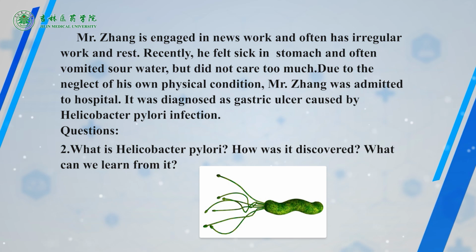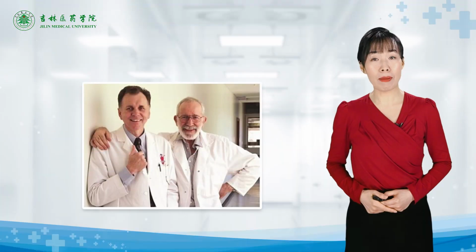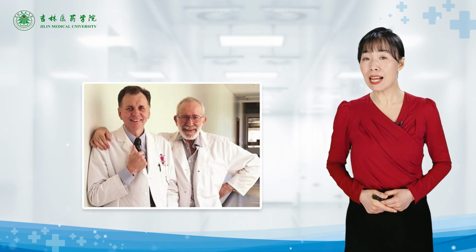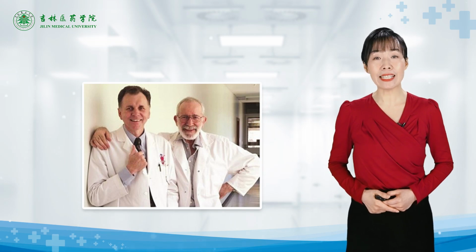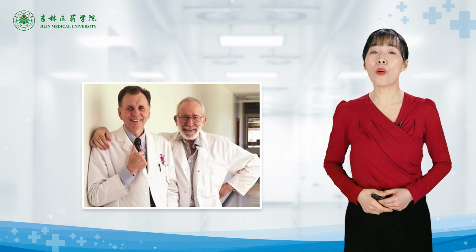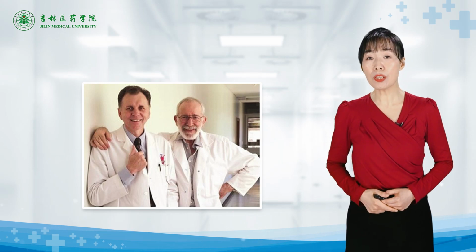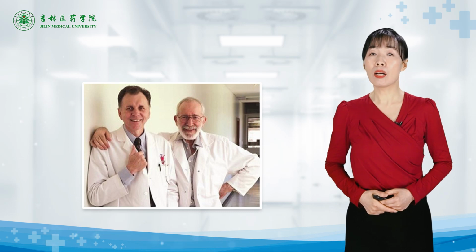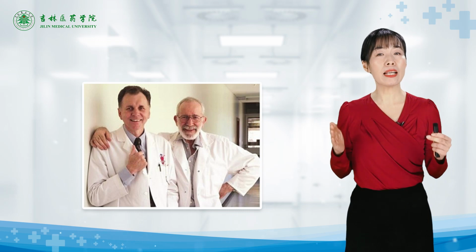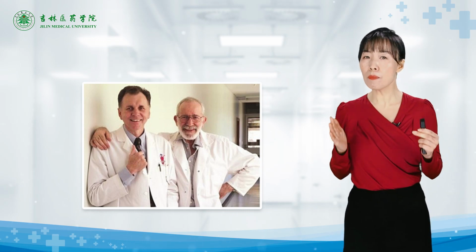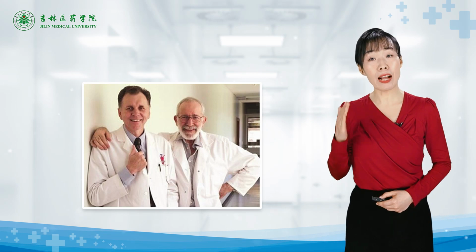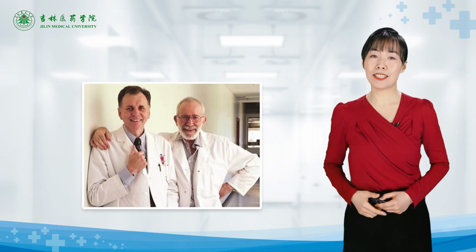Helicobacter pylori was first discovered by two Australian doctors, Warren and Marshall, in 1983. At that time, it was not recognized by the mainstream medical community, because it was previously thought that bacteria could not live in the stomach due to the effect of gastric acid.